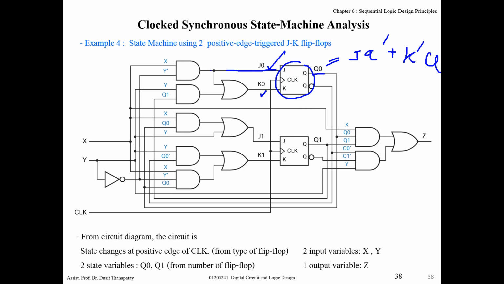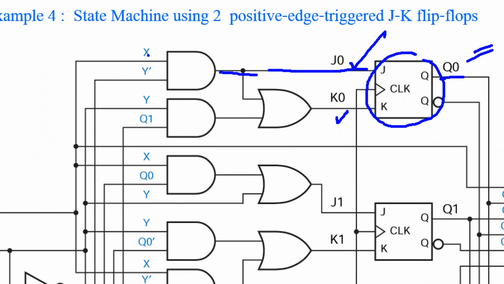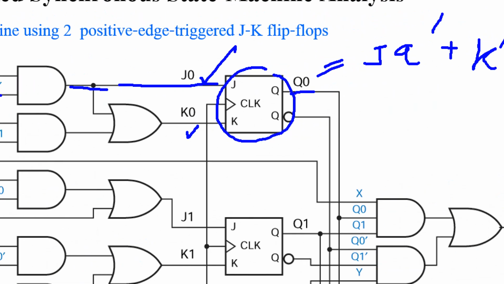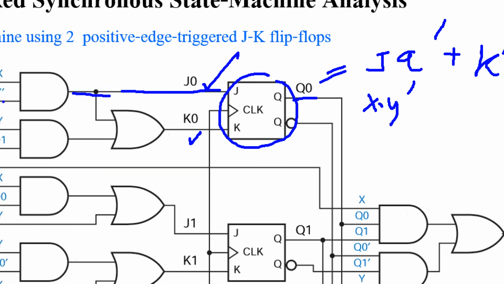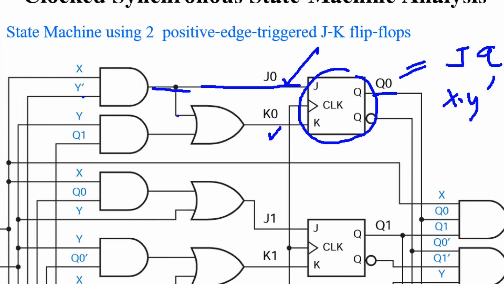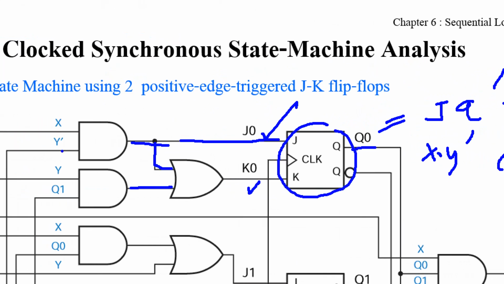For example, in this case, J0 equals X and Y prime, so you apply X and Y prime right here. And K is this term or this term, Y and Q1: X and Y prime plus Y and Q1, all together.